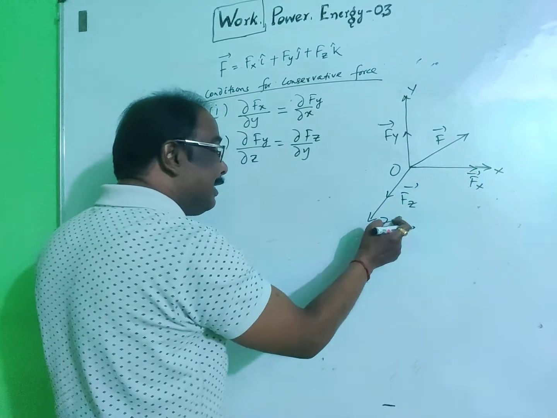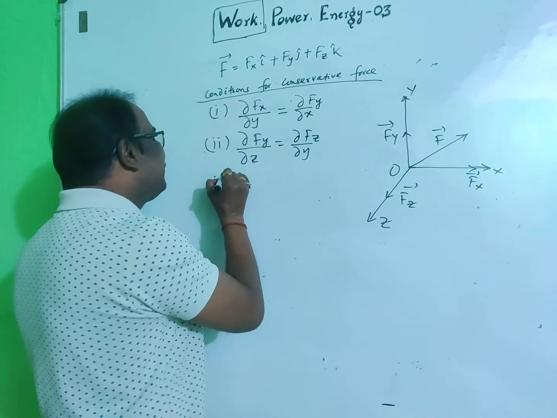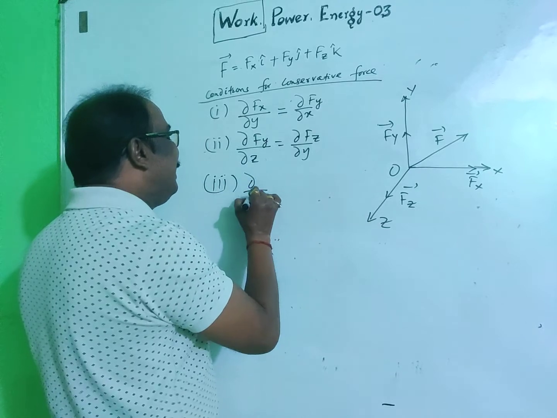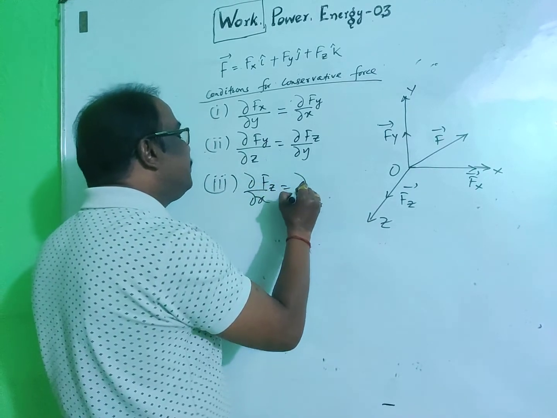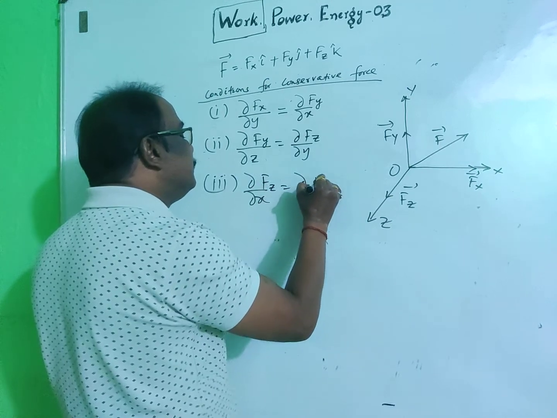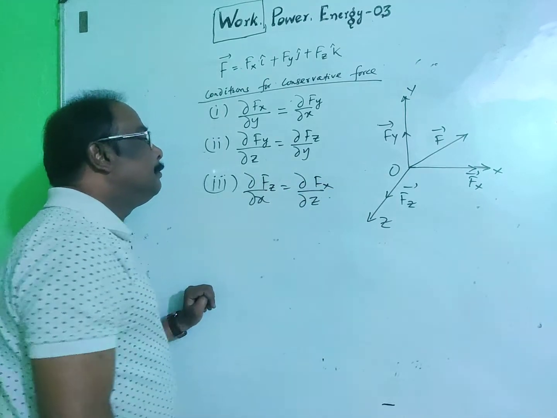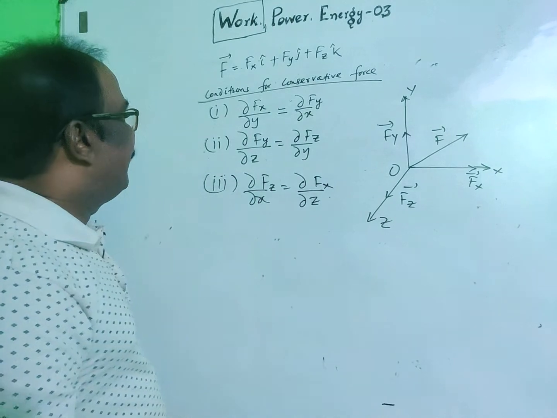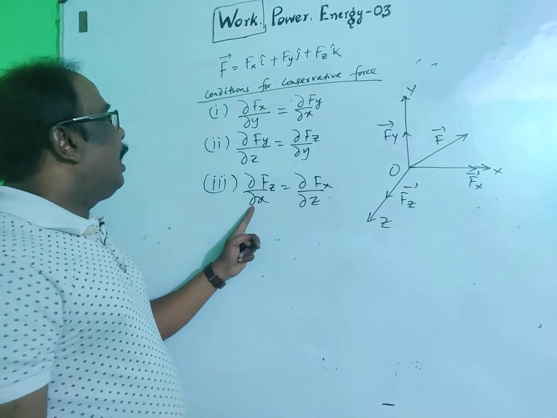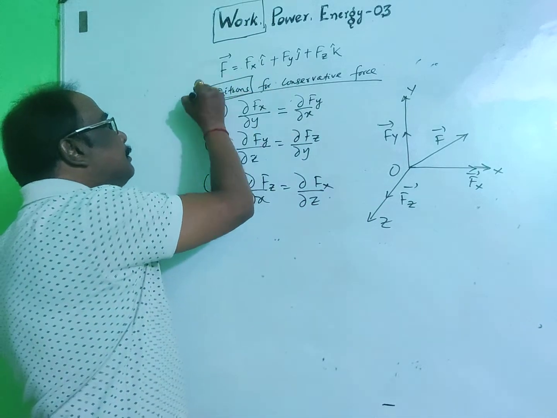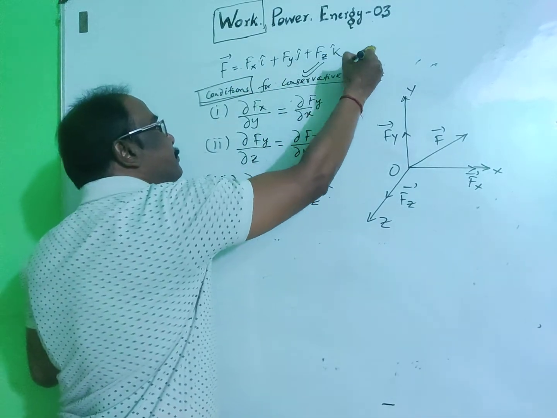Then x axis and z axis. Third condition: d by dx of the component of force along the z axis must be equal to d by dz of the component of force along the x axis. Okay. These three are the required conditions for conservative force.